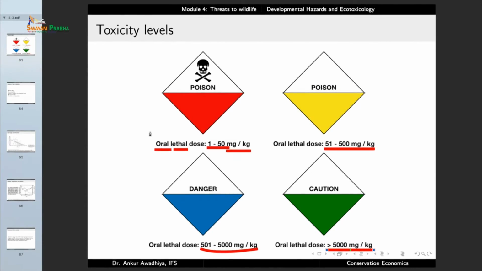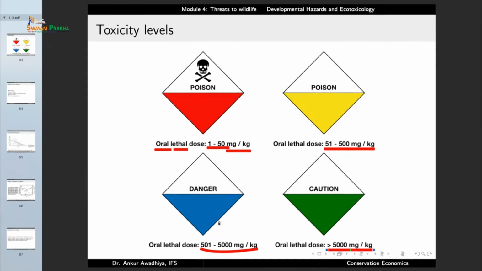And of course, those chemicals that have a higher toxicity will have a much greater impact, which will be an acute impact. Now, an acute impact means that the impact of this chemical on the organism or on its population or community will be quick. So that is known as an acute toxicity, an acute impact or a quick impact. So it generally occurs in a very short period of time because of a very sudden exposure.